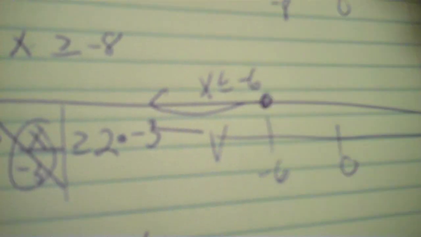So again, that sign will flip, because I will be multiplying both sides by a negative number, -3. So it cancels. I have x, 2 times -3 is -6. So -6, circle, fill it. The open part of the sign's towards the number, so it goes this way. X less than or equal to -6.